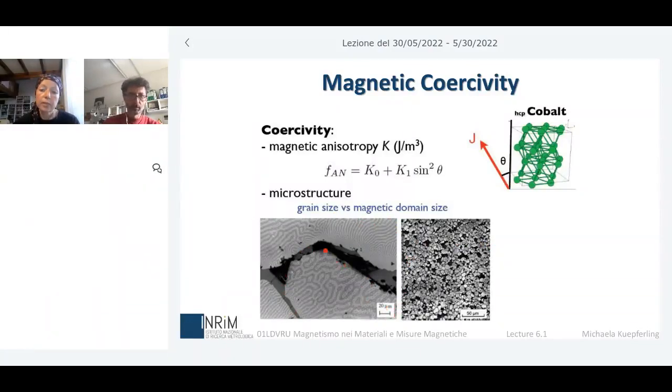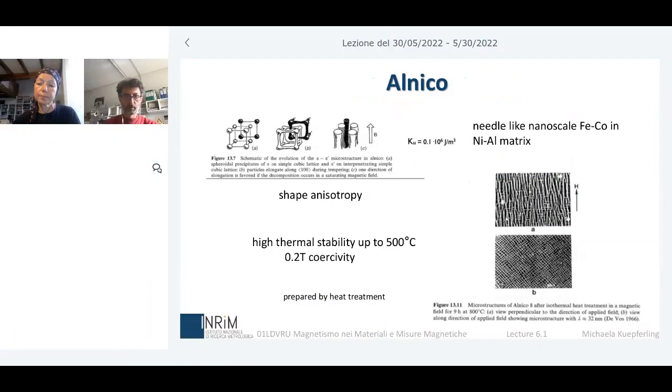And if you have a domain structure, then you have domain walls which move, and they require less energy, so they require lower fields usually. So if you have very large grains, then you will reduce your coercivity strongly.